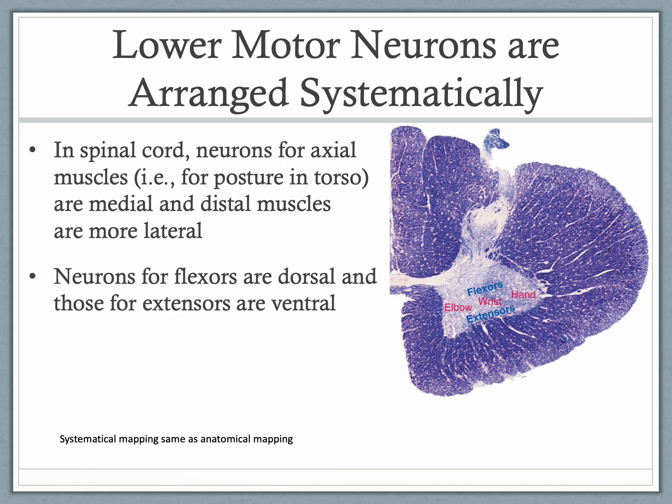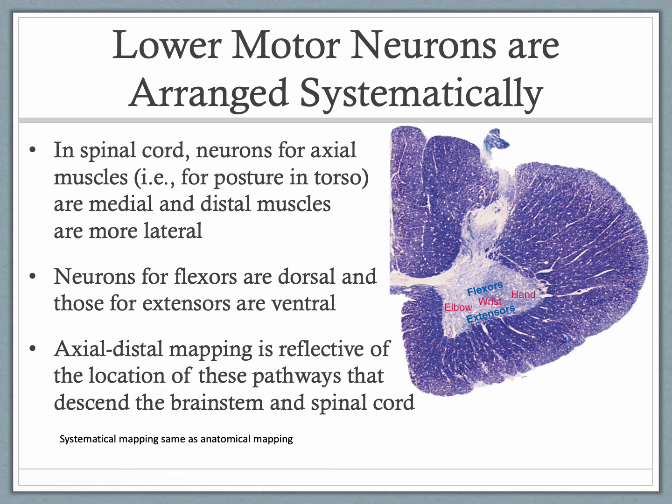Neurons for flexors are dorsal, and those for extensors are ventral. So, flexors dorsal, extensors ventral. Axial-distal mapping reflects the location of the pathways that descend the brainstem and spinal cord.